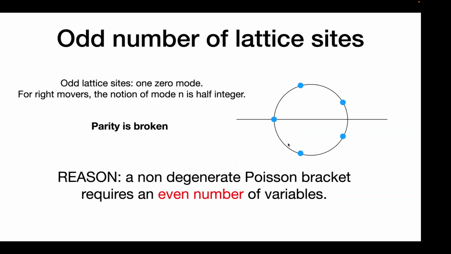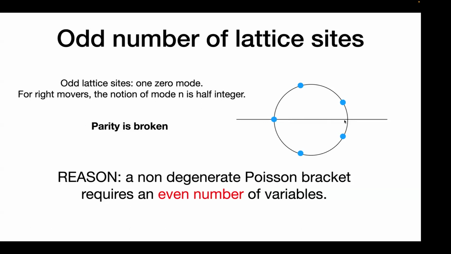The statement is that if you have a zero mode at k equal to 0, at k equal to pi there's no zero mode. So the notion of modes near k equal to 0 becomes different from the notion of modes near k equal to pi. On the left movers, where you have a zero mode, the modes are integer spaced.